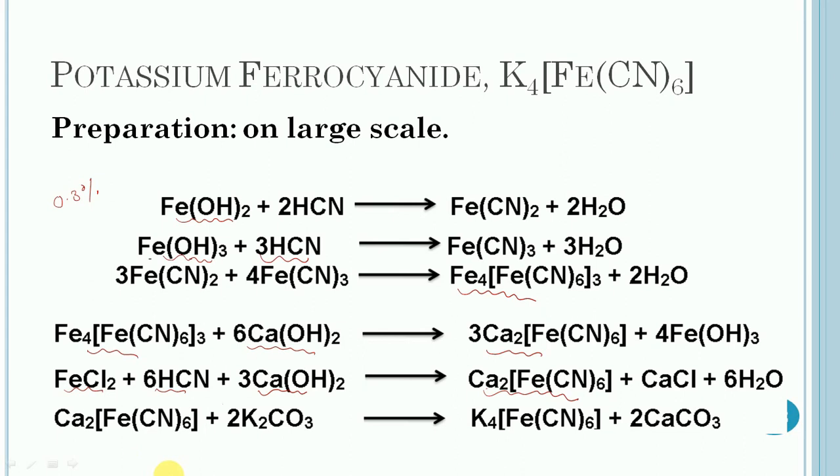Then finally this calcium ferrocyanide is extracted with water and then treated with potassium carbonate, and finally potassium ferrocyanide is obtained. So these are the methods of preparation of potassium ferrocyanide.